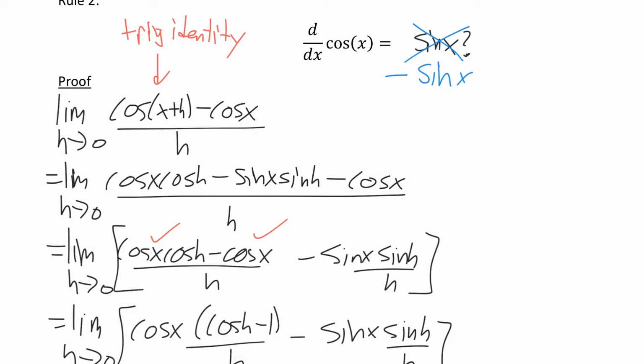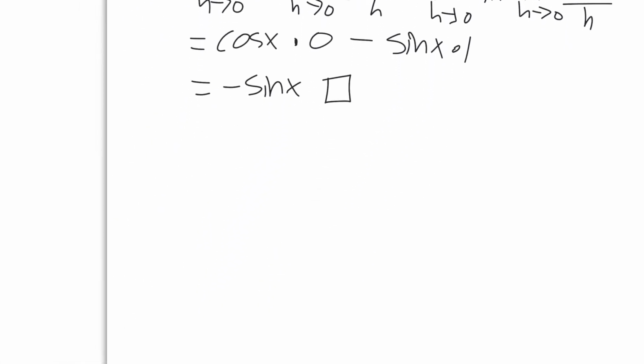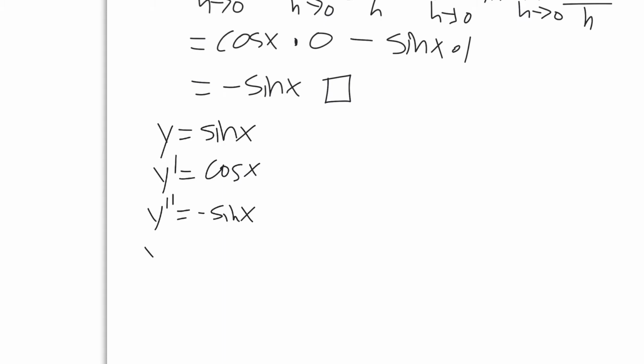Now, one thing we can do is apply this idea of higher order derivatives here. So if we had y equal to sine x, then y prime would be equal to cos x. Y double prime would be negative sine x. Y triple prime would be equal to negative cos x.